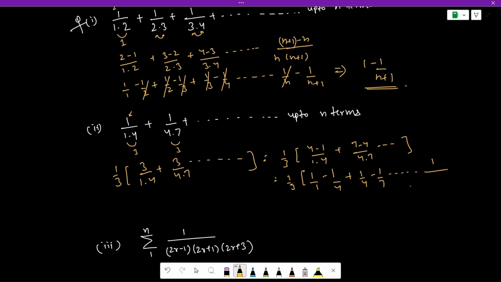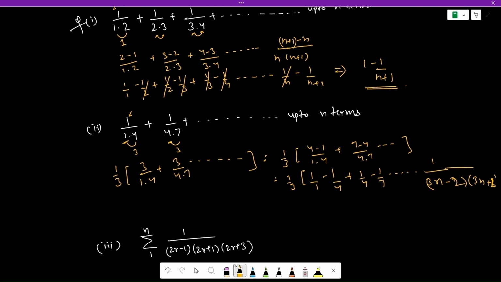So the last term, this has a difference of 3 and this is an AP, so we can write it as 3n, and when we put 1 we need 1 here, so it will be 3n minus 2, and the other term is 3n plus 1.